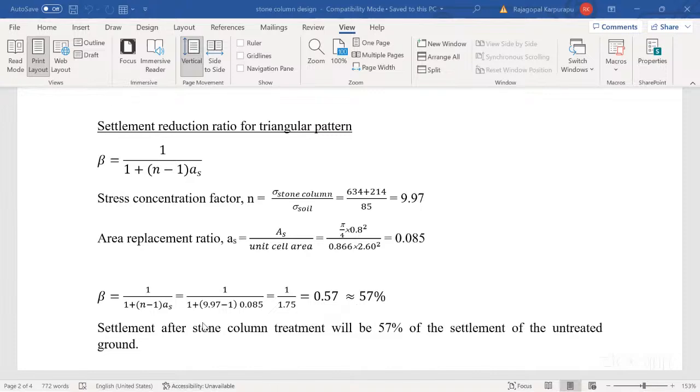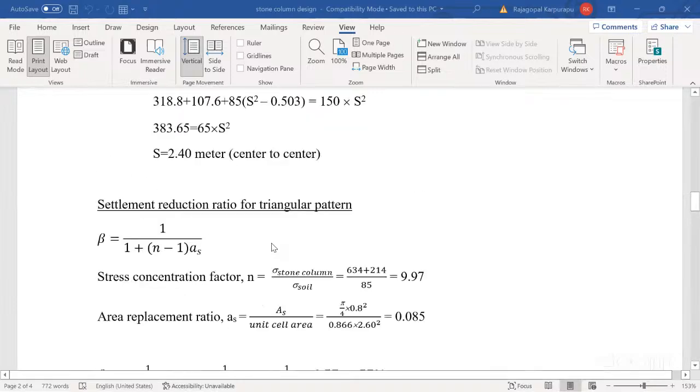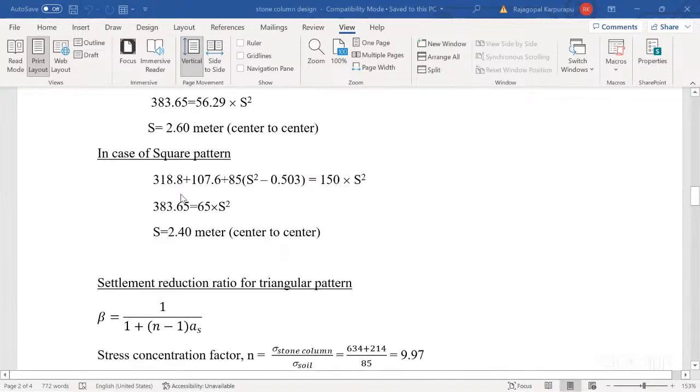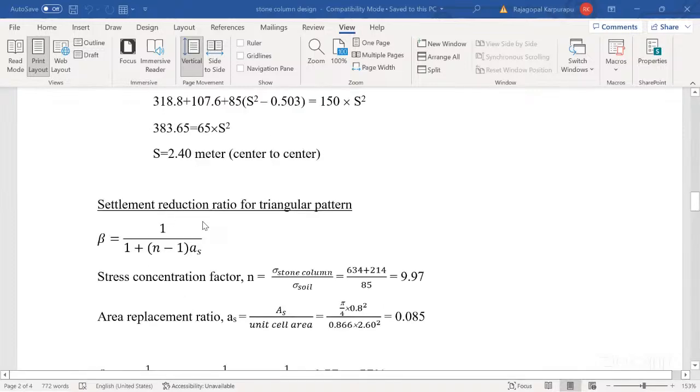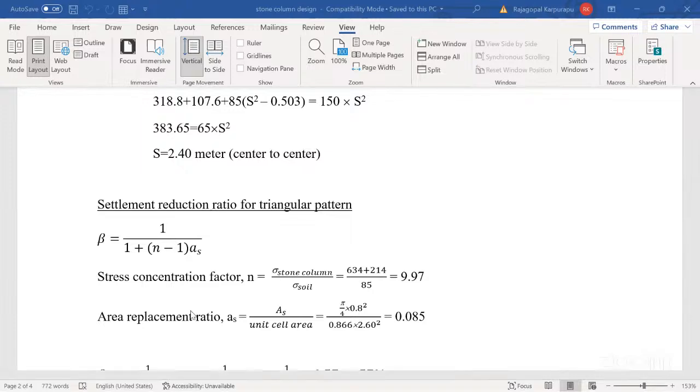And so if you want to further reduce the settlement, we can reduce the stone column spacing. See here, we have calculated a spacing of 2.6 meters in the triangular pattern. And let's say you reduce it to 2 meters, then your settlement reduction factor will actually be much higher, and so your settlement will be lesser.